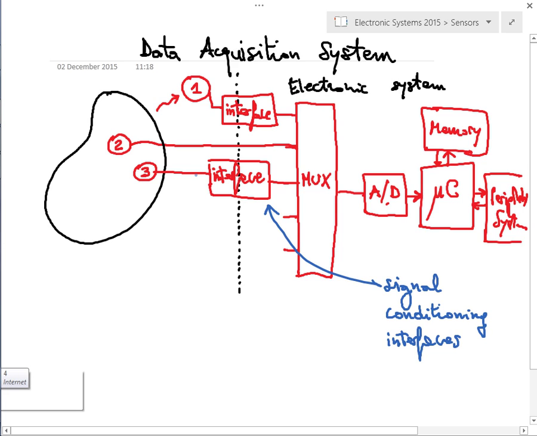They might modify the impedances in order to be able to transmit the signal from the system that we want to measure to the electronic system. It really depends on the situation. They are all called signal conditioning interfaces. So this is a remote sensor. These are contact sensors.